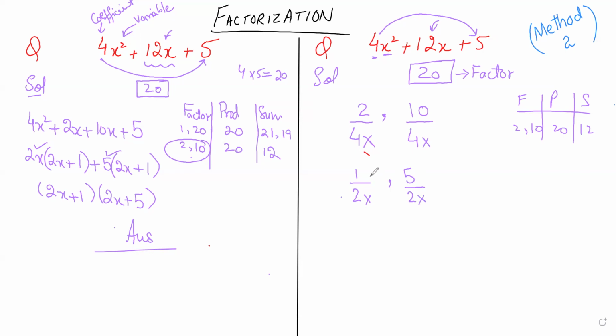Now, in order to write this one, always write the denominator first, and the denominator is the bottom one. So I'm going to write 2x, and the upper one is positive 1, so I'm going to write plus 1. Now here, this one, I'm going to write the denominator first. It's 2x. And the numerator, the upper one, is positive 5. So I'm going to write 5.